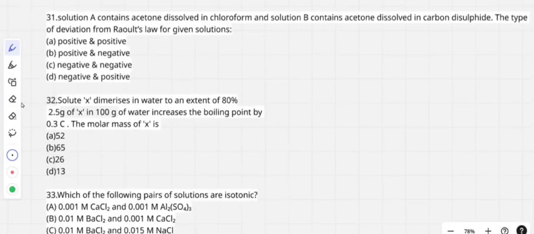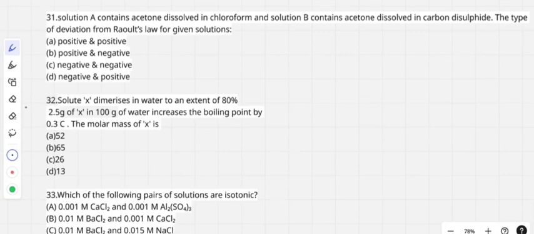Question number 31. Solution A contains acetone dissolved in chloroform and solution B contains acetone dissolved in carbon disulfide. The type of deviation from Raoult's law for the given solution is, first we have to mix the two solutions, acetone and chloroform.